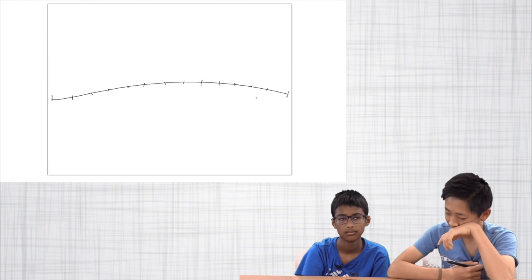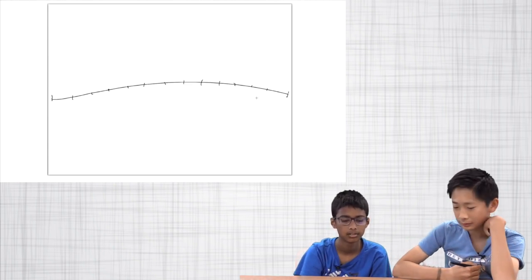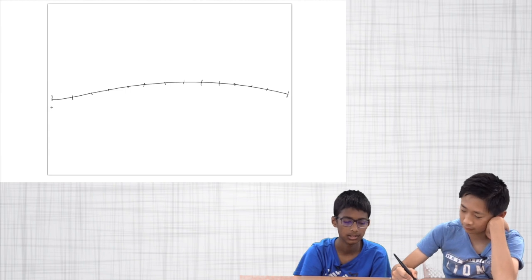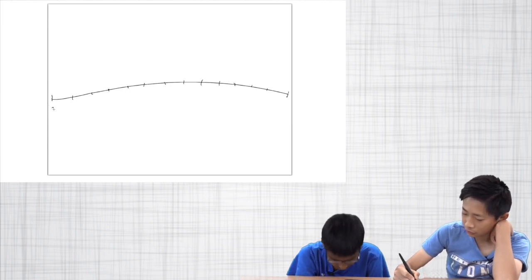So, can you show me where the 1.5 day periods are? Is each tick mark a 1.5 day period or what? Yeah, sure.